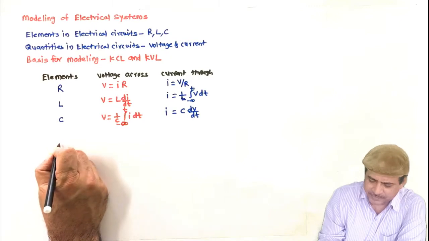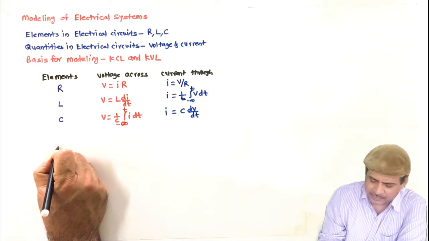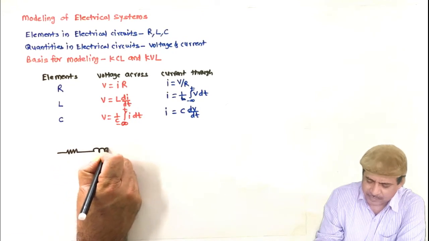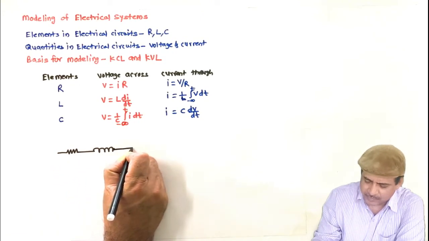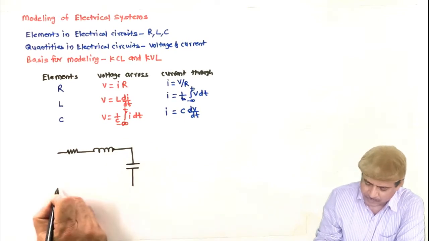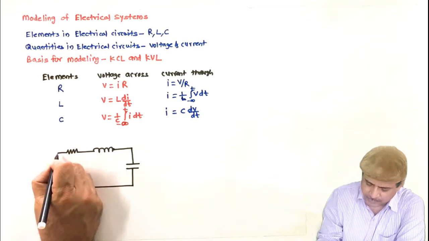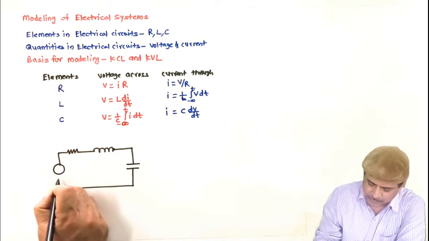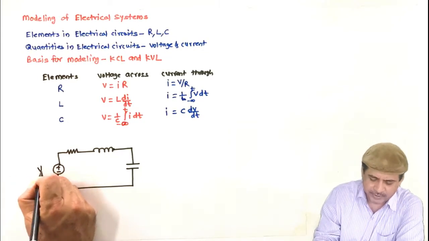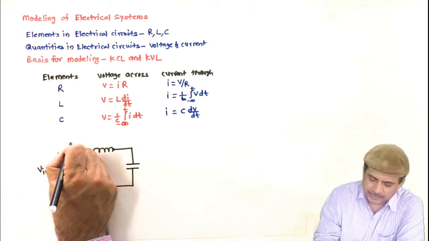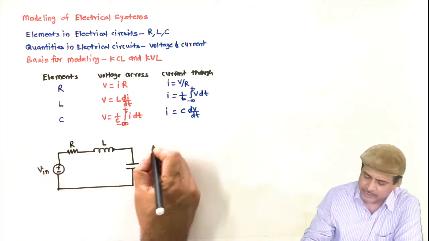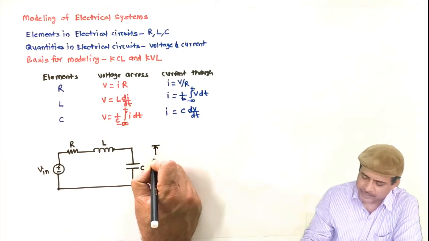Let there be a series RLC network. Let the applied voltage be V in. This is the resistance R, inductor L, capacitor C, and we are interested in the output across the capacitor.